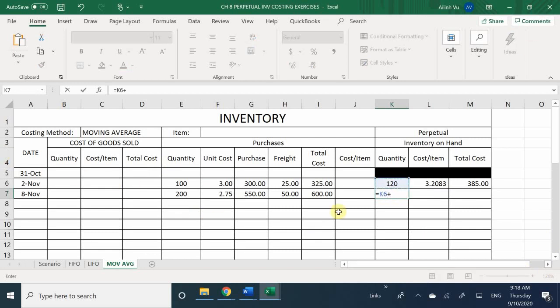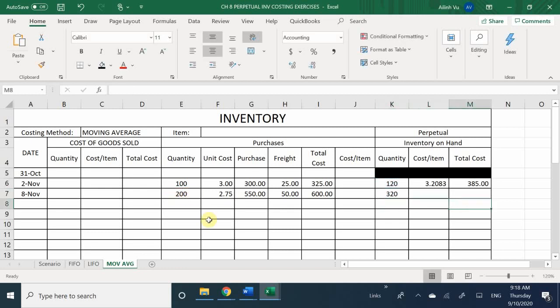Yes, you're gonna have to add it. And I have to also add my totals here as well, right? Not multiply, add. Okay, so we get 985.